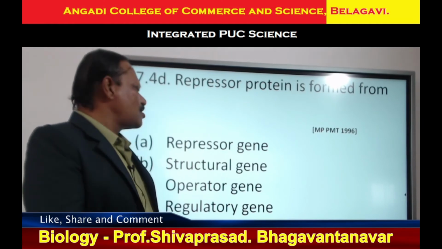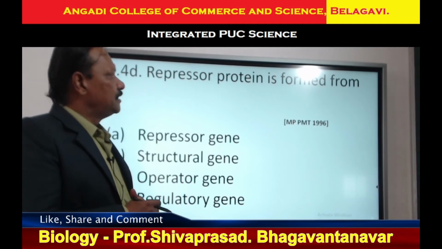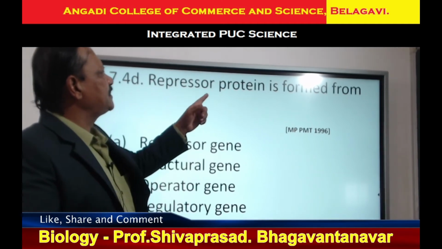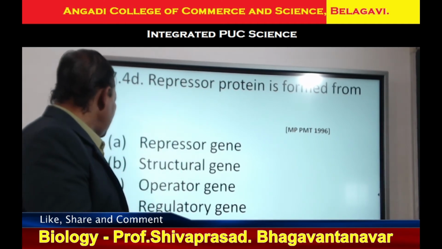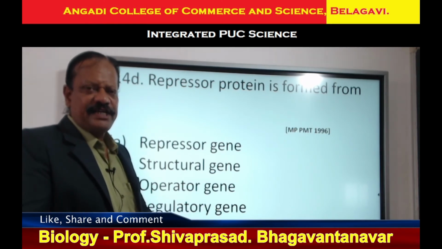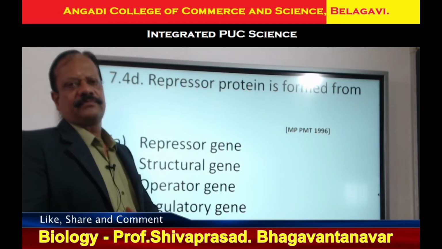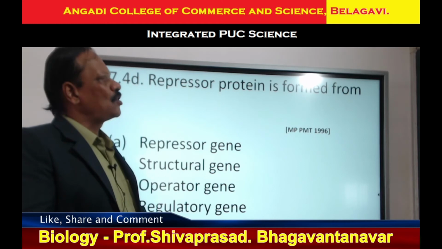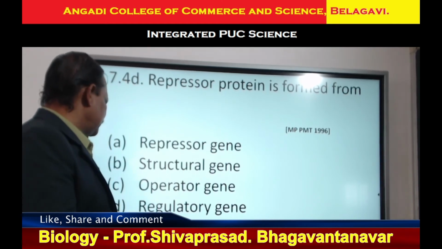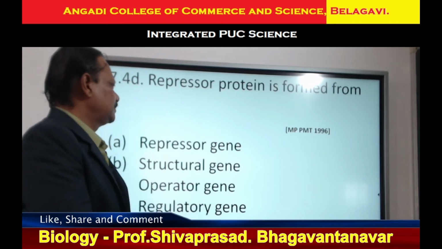So lac operon concept, it is containing all these things. Okay, so here the repressor protein is formed only by the regulatory gene. Regulatory gene, it is regulating and forming the protein. Okay, repressor protein. So the right answer is D, that is regulatory gene. Next one.